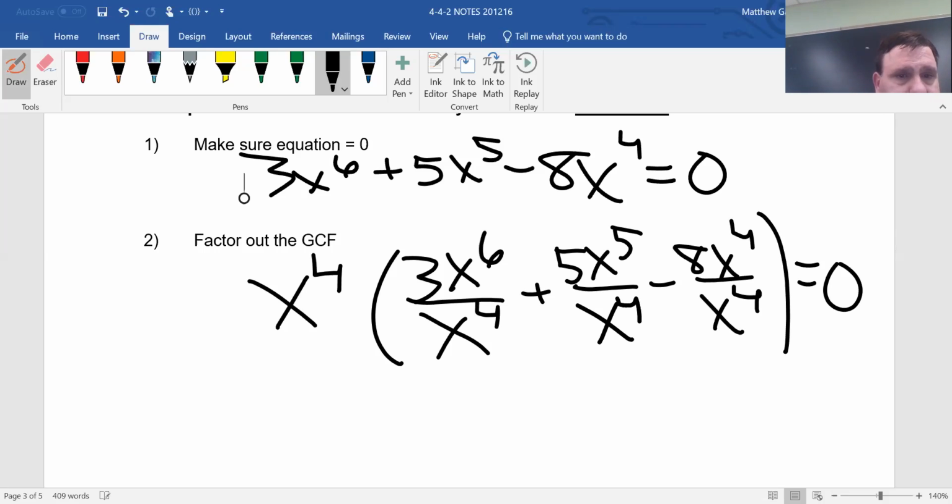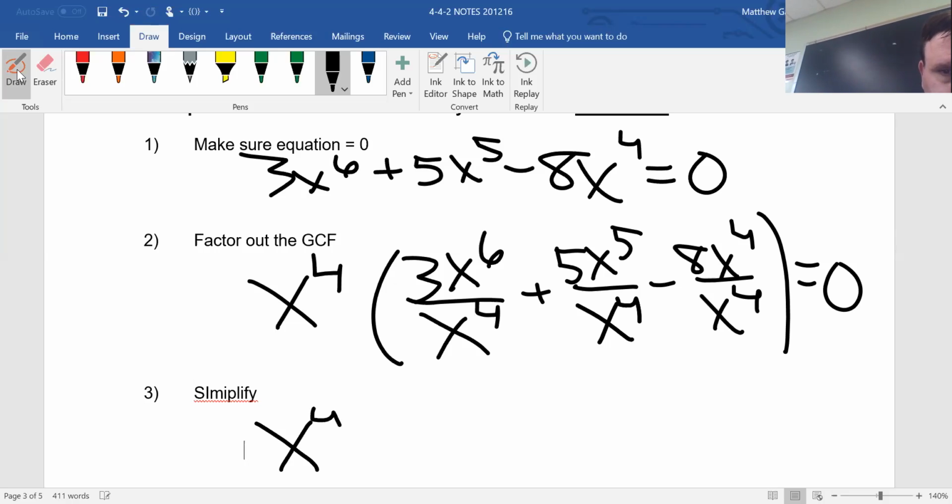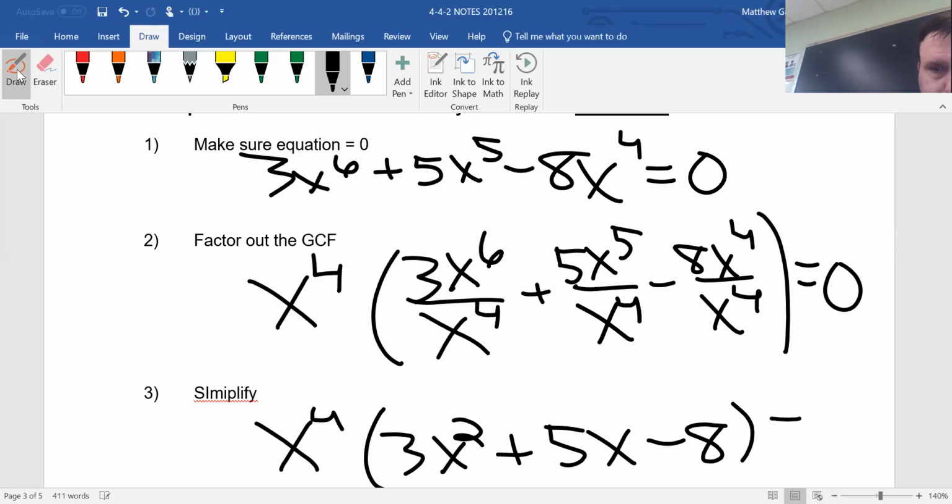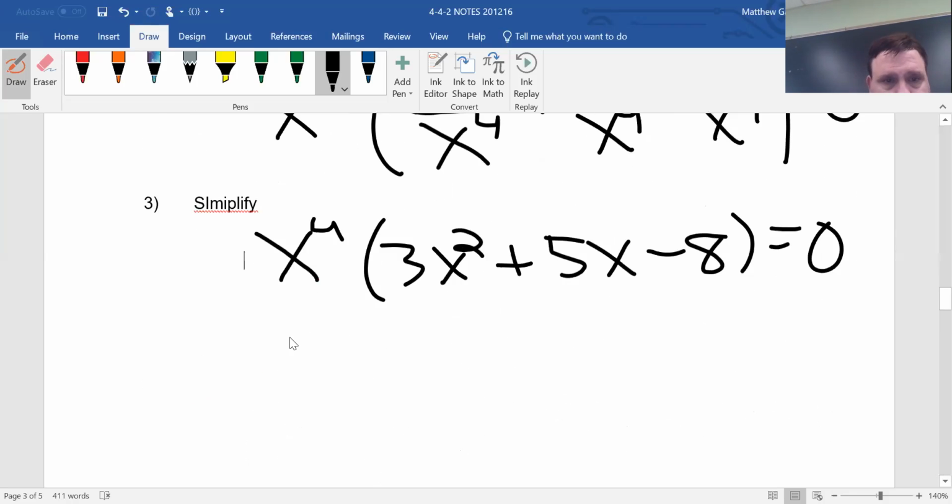After we pull out the GCF, we simplify. When we simplify, we get 3x squared plus 5x minus 8. And then, of course, the next step is to factor the trinomial.